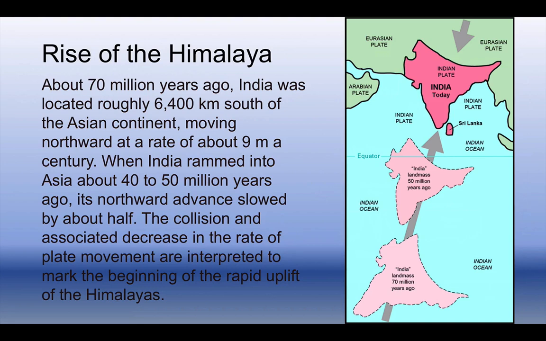When it collided between 40 and 50 million years ago, that slowed down, but the impact that had on pushing up this huge barrier across the continent changed the circulation of air from tropical regions in the Indian Ocean to northern Asia.